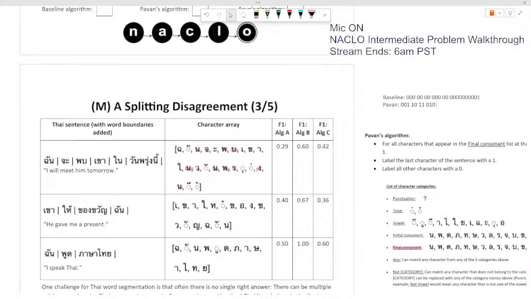Okay. 0, 1, 0, because we have 1, 1, 0, 1, 0. That's a vowel, so it's 0.